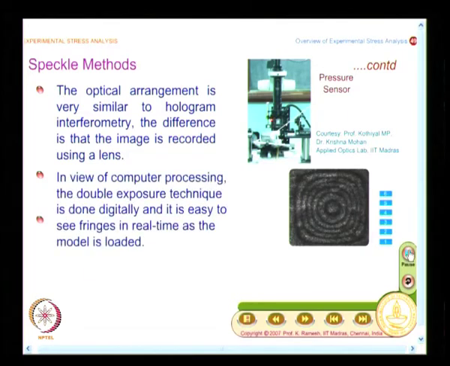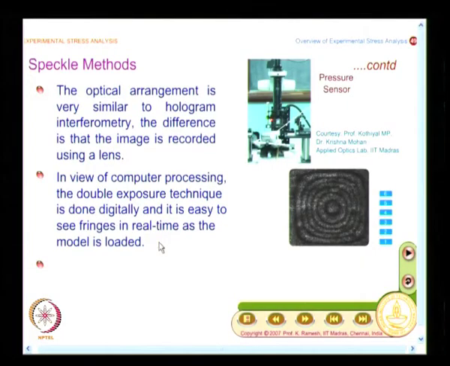And all these modern techniques employ computers. Because of computer processing, the double exposure technique is done digitally. So, initially you store the initial configuration in a file and use it for viewing the deformed configuration, and it is easy to see fringes in real time as the model is loaded.